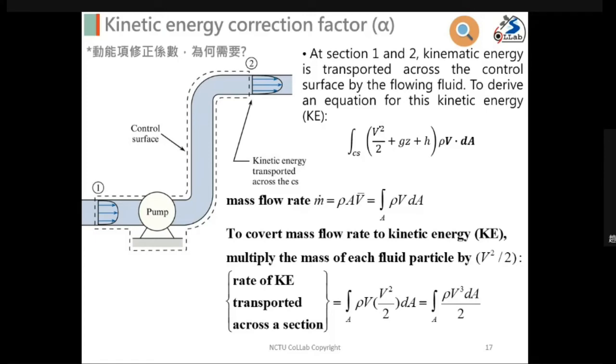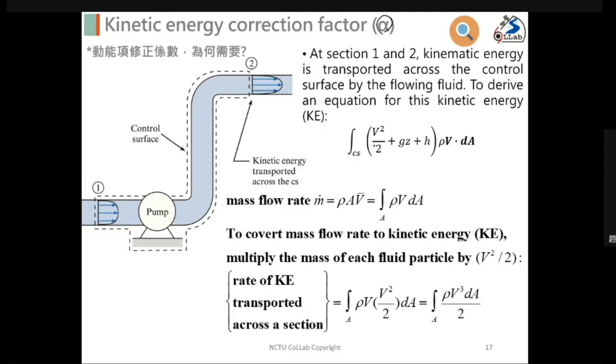So the problem of dealing with the integrations is too complicated for these items. So this chapter proposes to use the kinetic energy correction factor alpha.